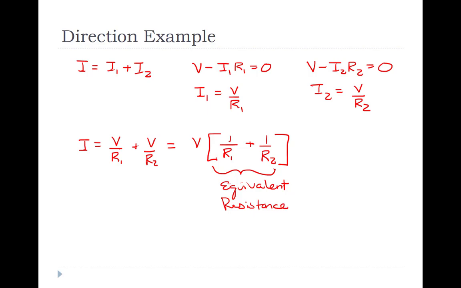Along the way, I said we would derive that formula. We just derived it for 2 resistors. So I could write this as V over the parallel resistance, which is what we know this particular circuit should give as the current being produced by the battery.